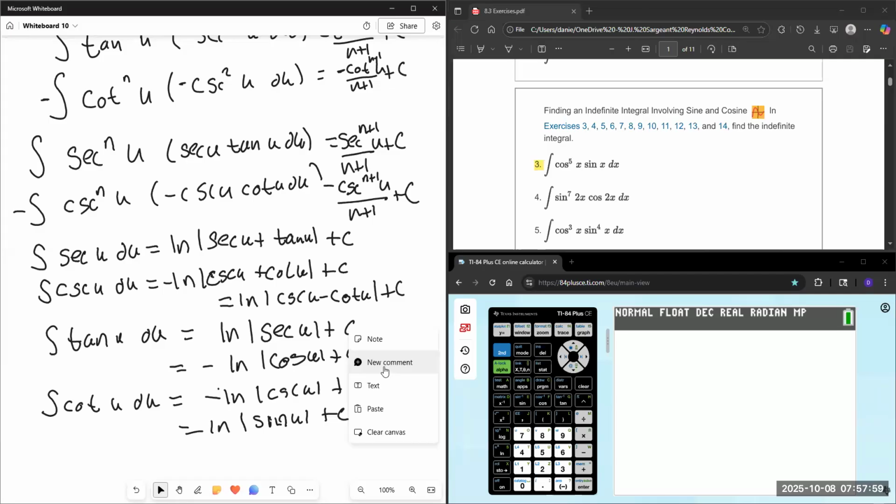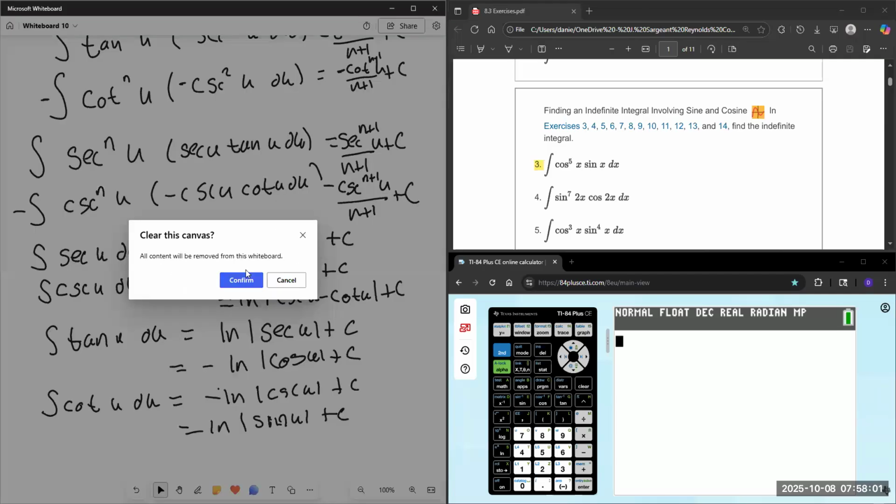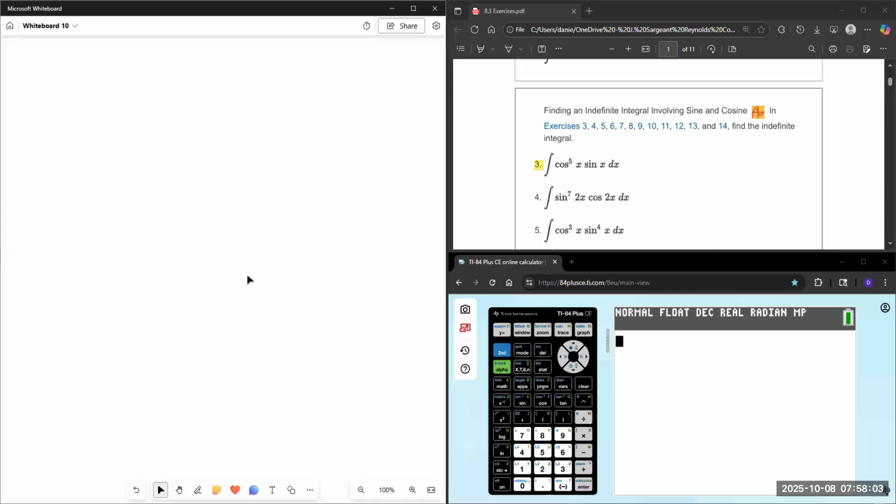All right, moving forward, now that we've had that little review, you've also got all of your basic ones that can show up, but I'm not going to refresh all of those. Cosine to the fifth of x sine x dx, that u is cosine of x, du is negative sine x dx.